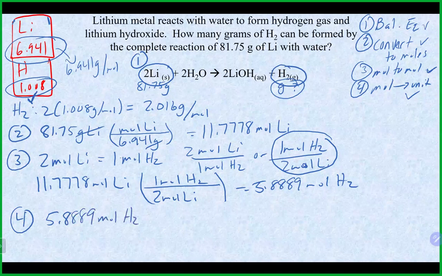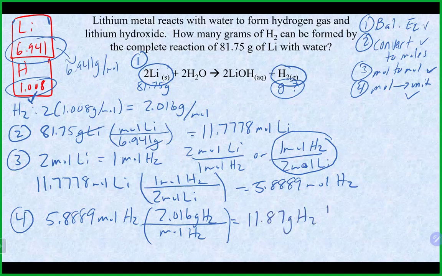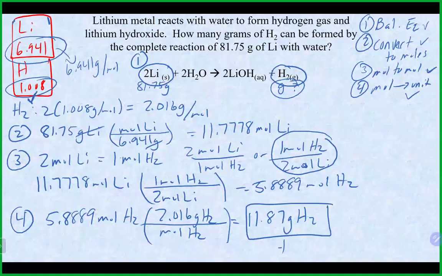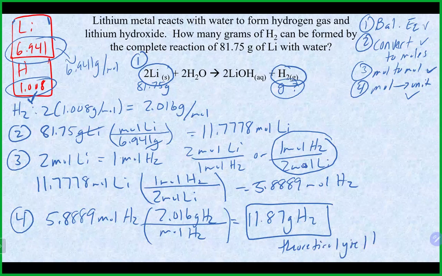And again, opposites cancel, so we will need moles on the bottom of H2 is 2.016 grams of H2. And that will get us, looks like 11.87 grams of H2. That would be, again, our theoretical yield in grams. And by the way, that would be our theoretical yield in moles.